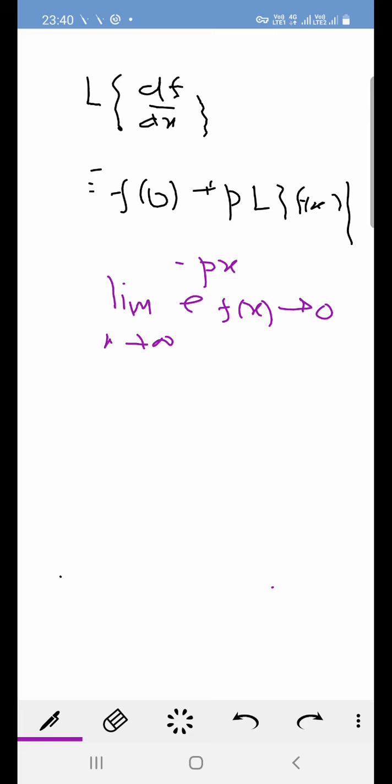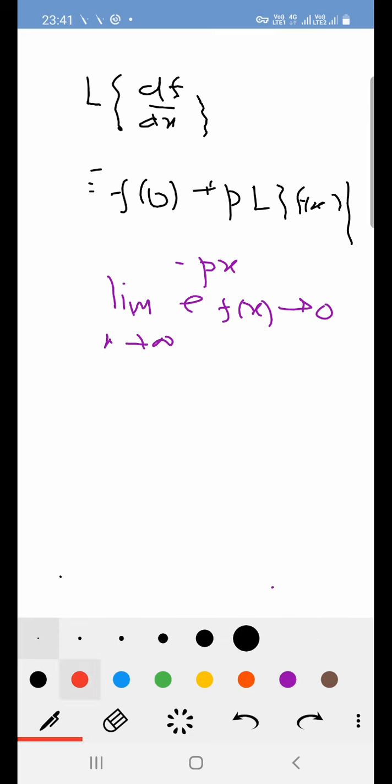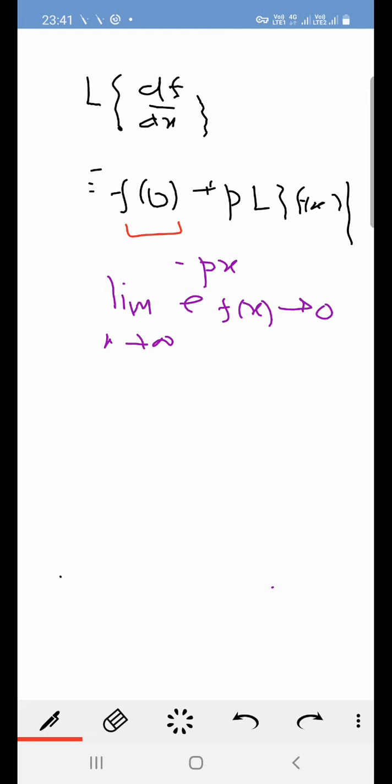Now f(0), this expression, actually implies the limit as the increment tends to 0 of f(0 plus a small increment). So this is the expression.